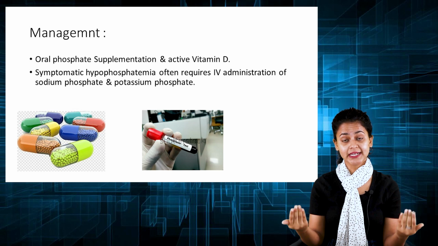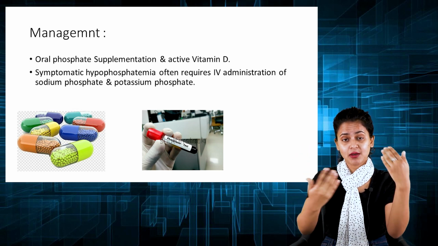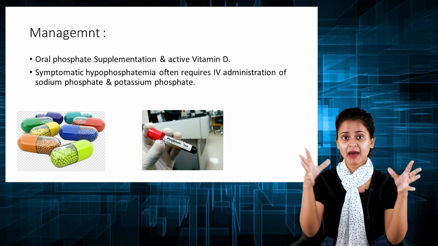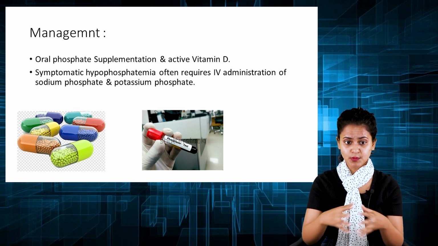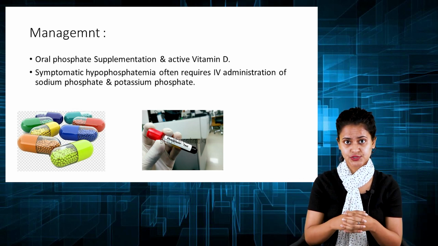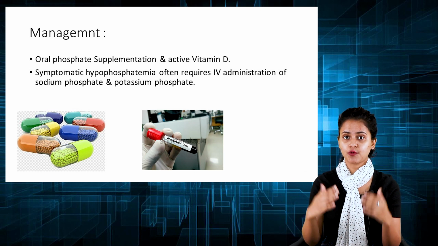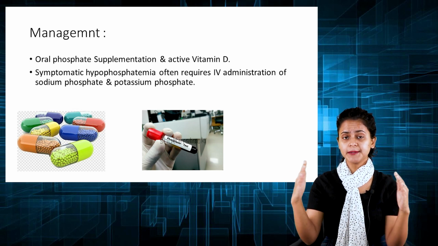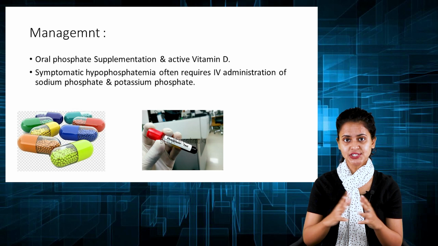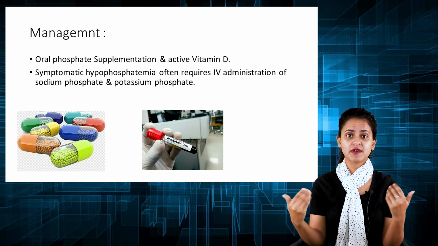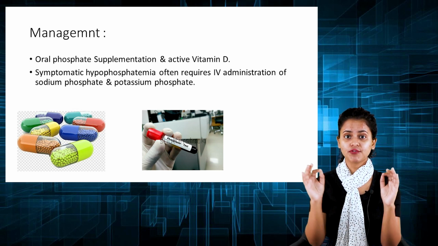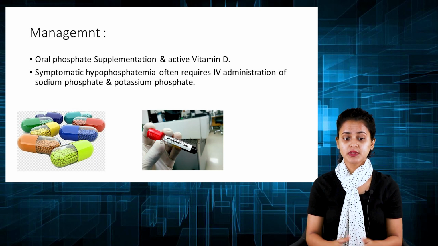A client with observable symptoms will be managed in a clinical setup with intravenous administration of sodium and potassium phosphate. This plays a very important role in managing the symptoms primarily, as well as correcting the phosphate balance in the body.